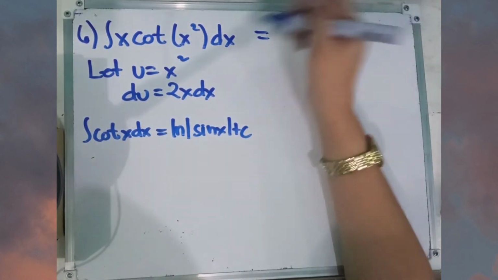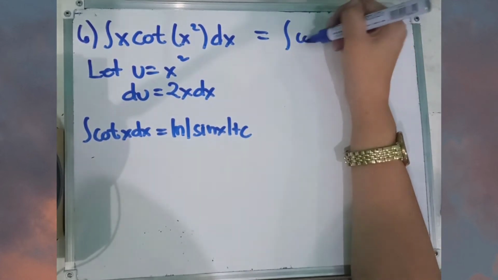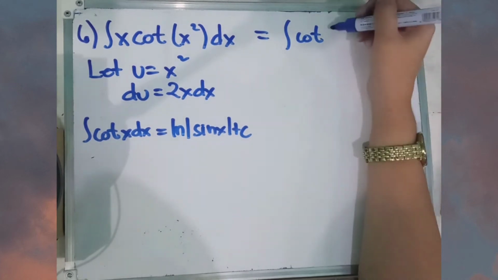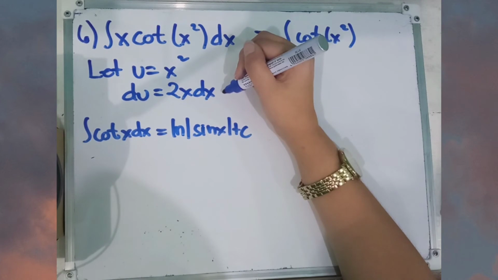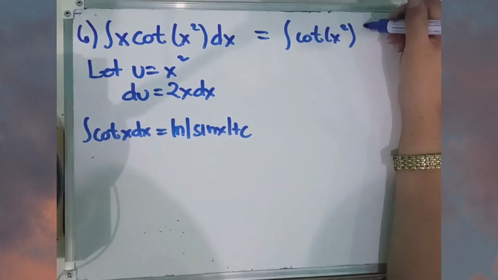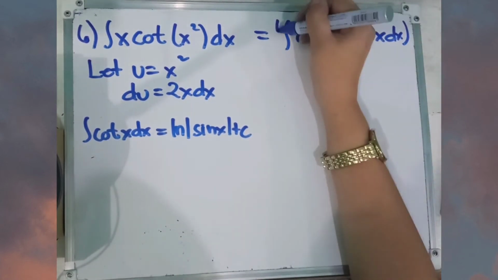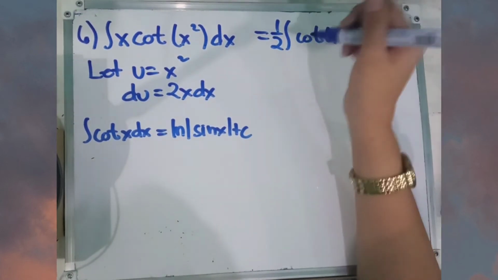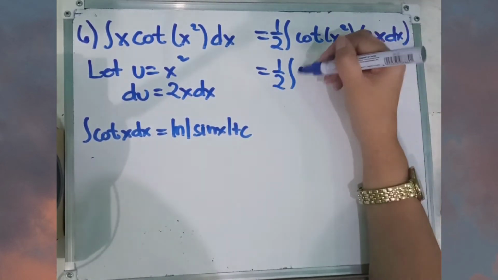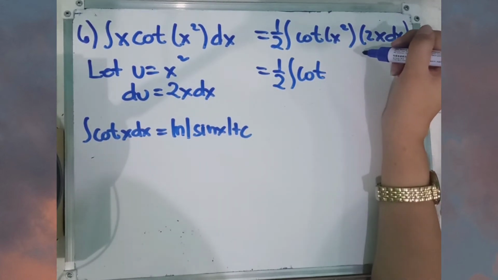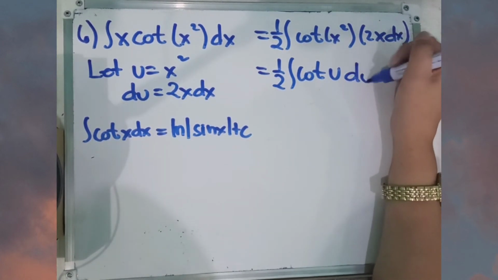So rewriting, we can rewrite that one as the integral of cotangent x squared. Now du is 2x dx and we only have x dx, so we write 2 there. But again, don't forget to put 1/2 outside of the integral symbol. So that's 1/2 the integral of cotangent x squared, that's u, times 2x dx, that's our du.